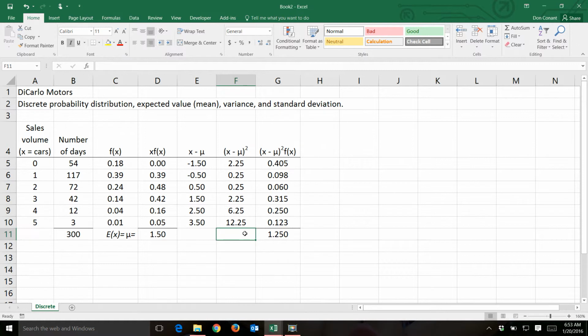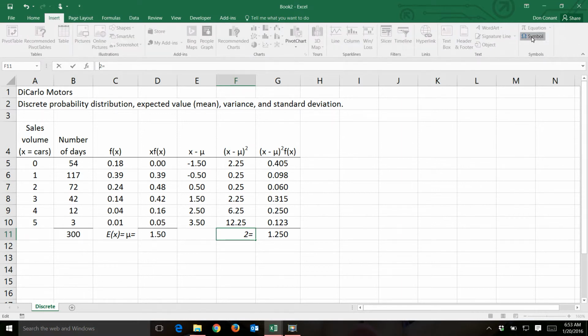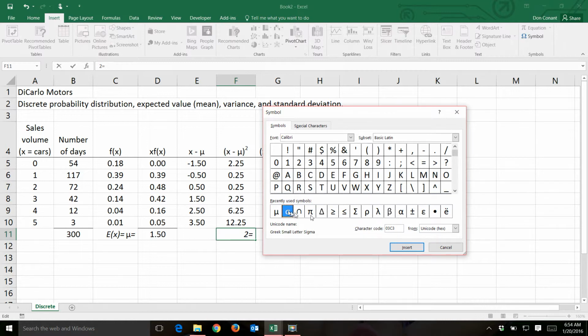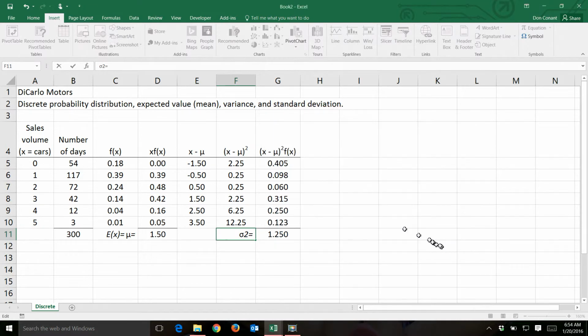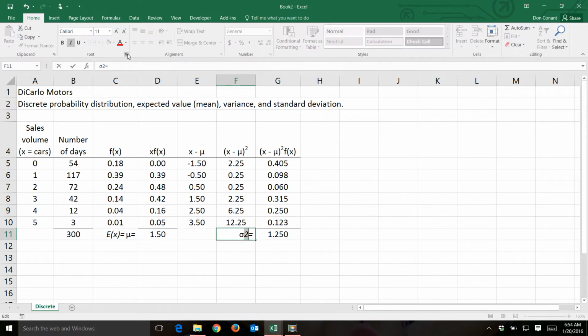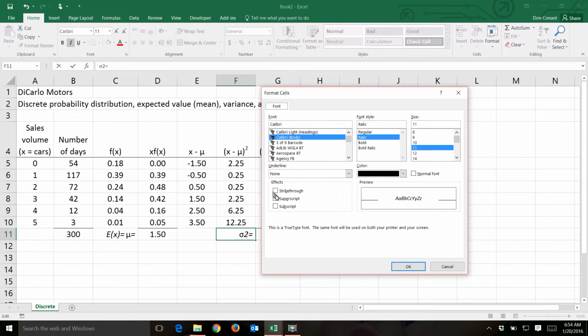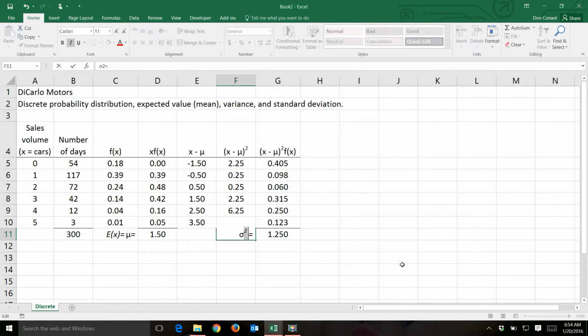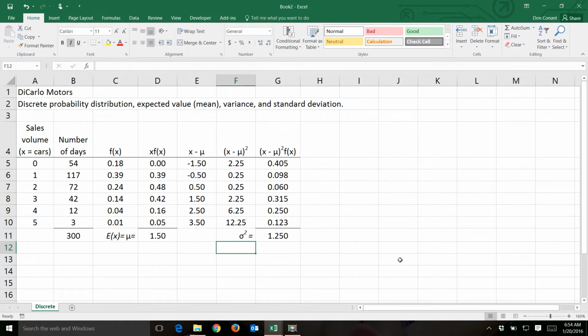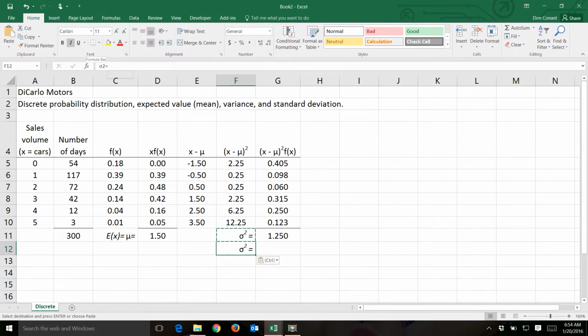Put in a value here. Square that. I'll put my cursor in the front, insert symbol. I want sigma there, insert. I'll go ahead and grab that 2 and set it to be superscript. Okay, that gives me the variance, and I'll copy this, paste it here, and go ahead and take the 2 out.